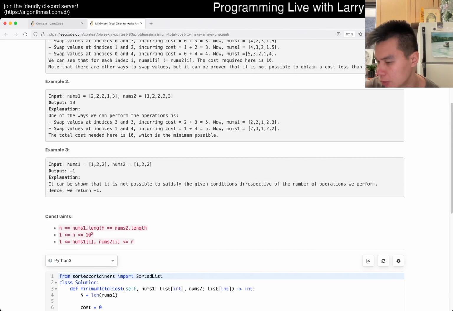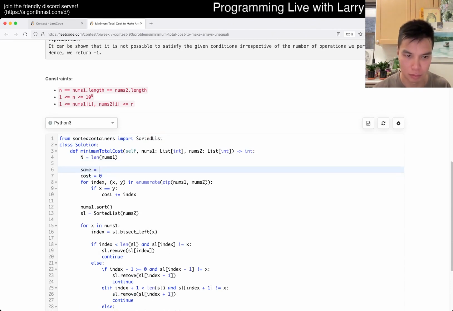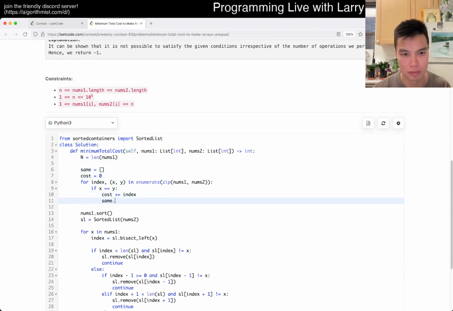So we have to look at the first index in which, yeah. Okay.